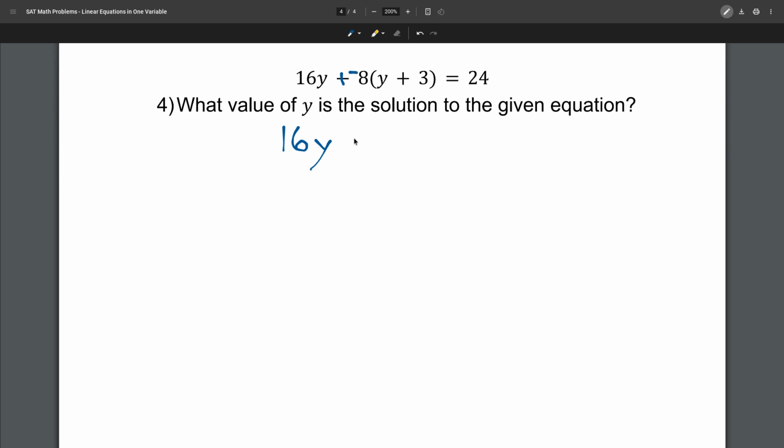So we can think of this as plus negative 8 times y, which is negative 8y, plus negative 8 times 3. So we had negative 8 times y. We also use the distributive property to multiply negative 8 times 3, which is plus a negative 24. And that equals 24.